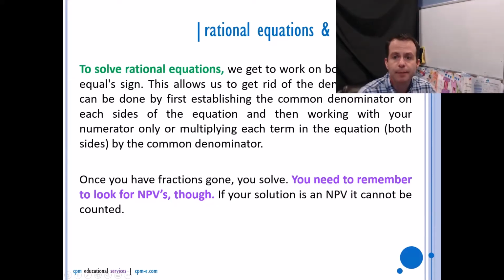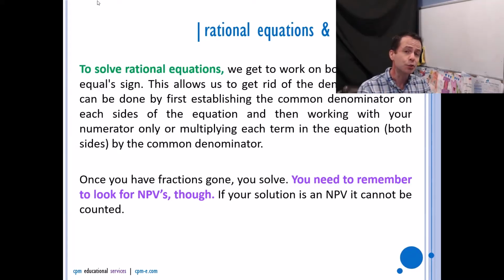This can be done by first establishing the common denominator on each side of the equation and then working with your numerator, or multiplying each term by the common denominator. Once you have the fractions gone, you'll need to solve. Also watch for your NPVs, and look for those before you get rid of the denominator, because that's where the NPVs are found.